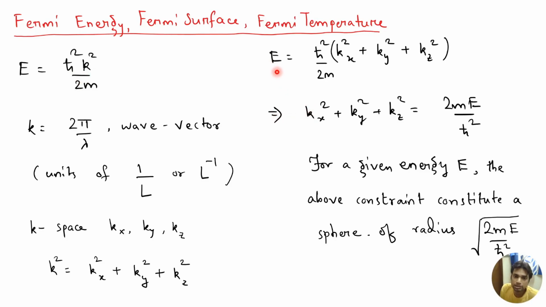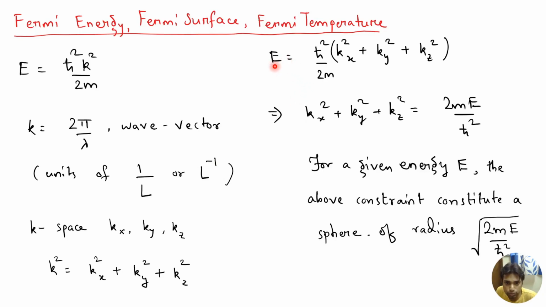In 3 dimensions, we have E equal to h bar square by 2m times kx square plus ky square plus kz square. And what is this k? k is the wave vector 2 pi by lambda, and it has units of 1 by L, or inverse length.